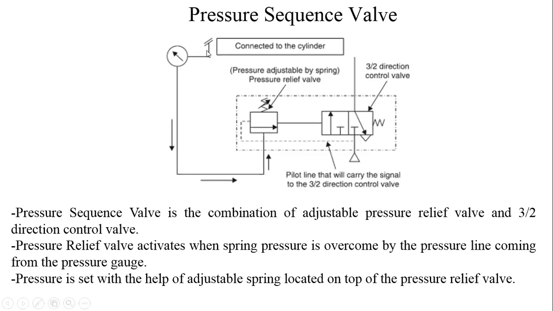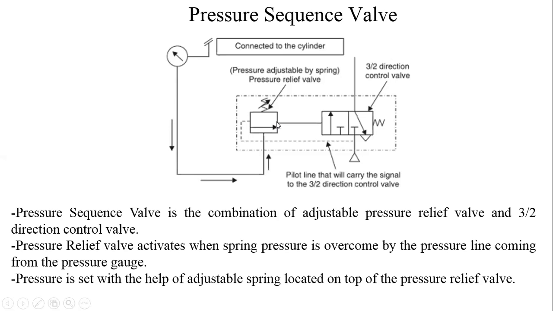When the pressure is above the set pressure in the pressure relief valve, that pressure will be sensed here. The pressure line from the pressure gauge comes to the pressure relief valve. The moment the pressure in this line is above the pressure set here, this will move up and connect this port to this port, let's say input port to output port.